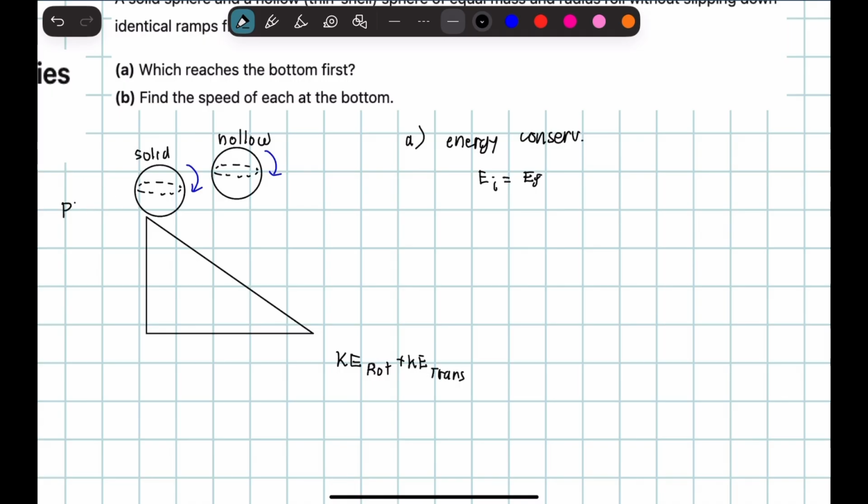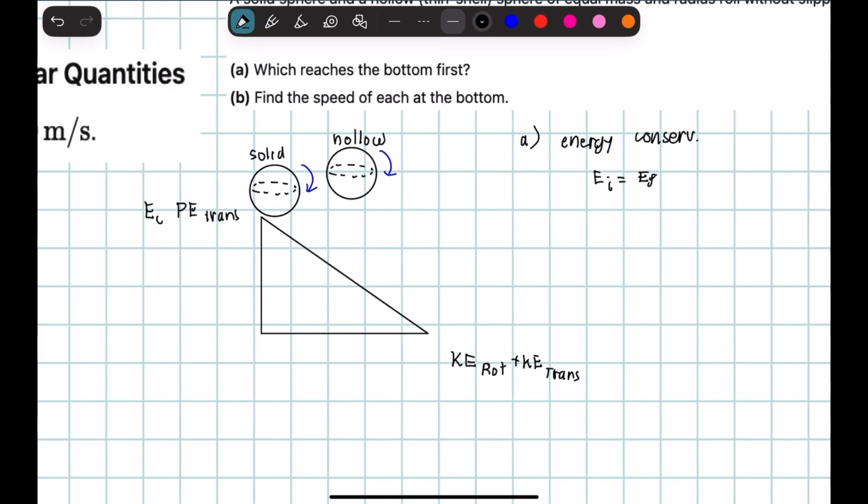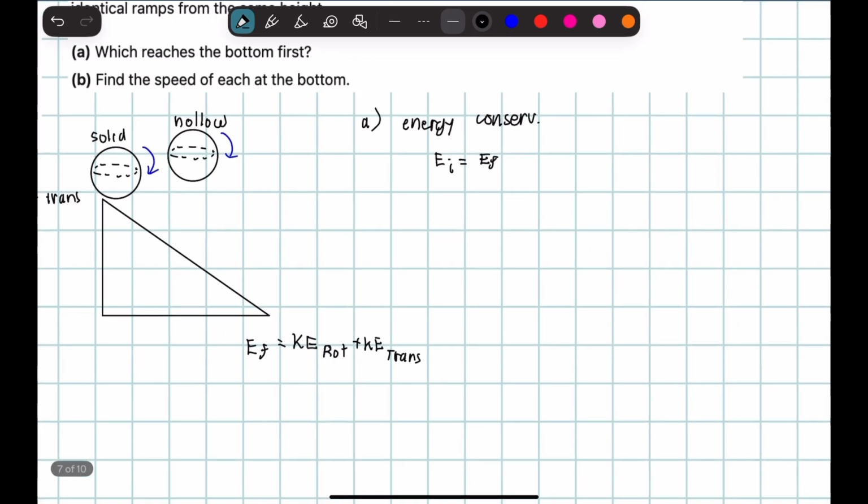So we can plug in mgh is equal to 1/2 m v squared plus 1/2 I omega squared, and now we can use v is equal to omega times r, our no-slipping condition.